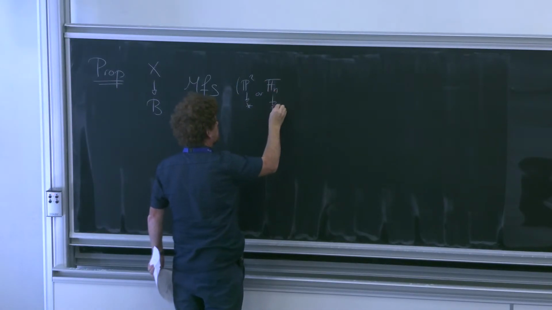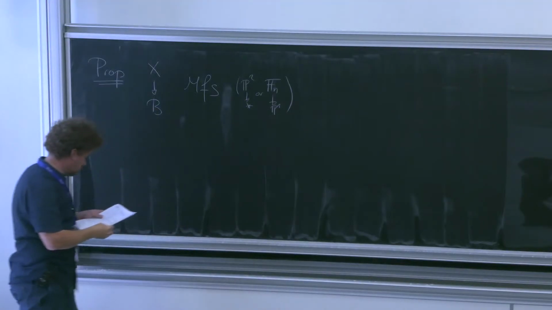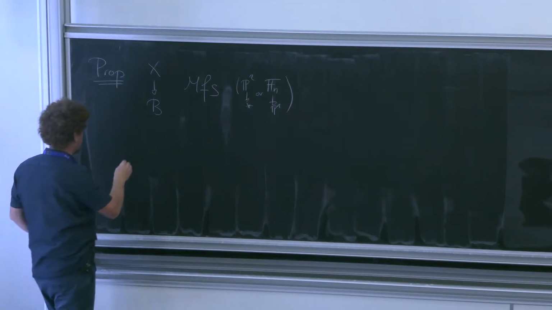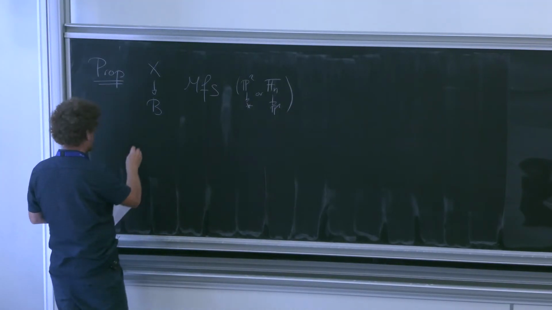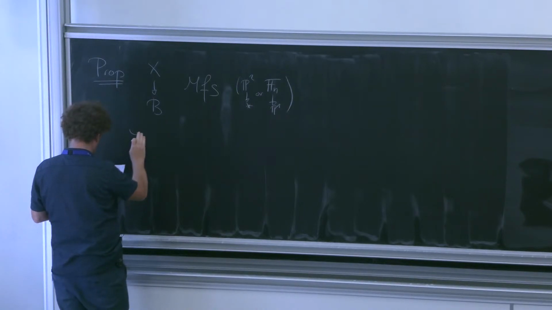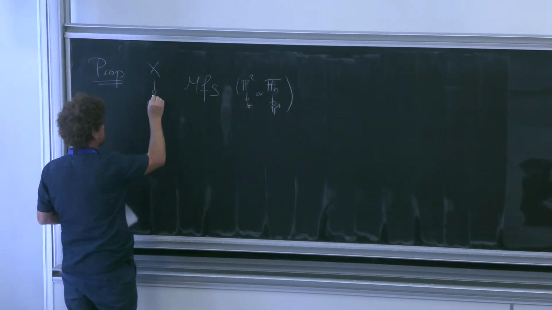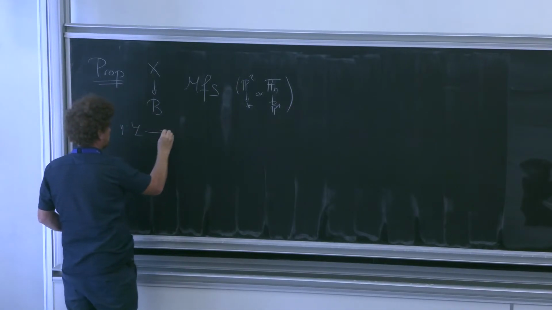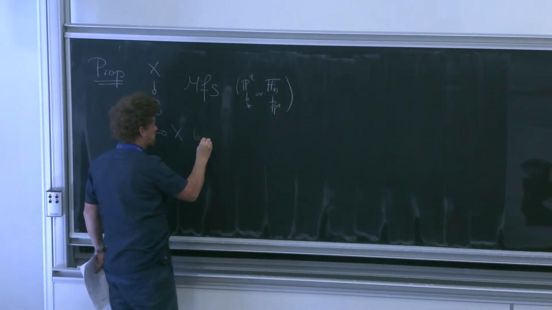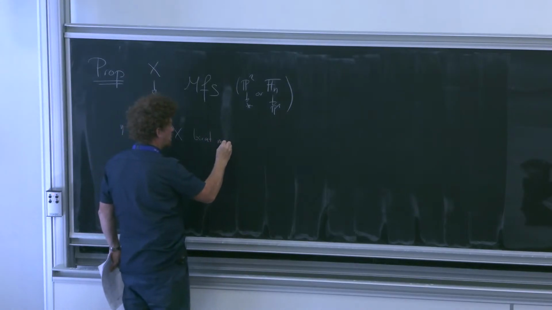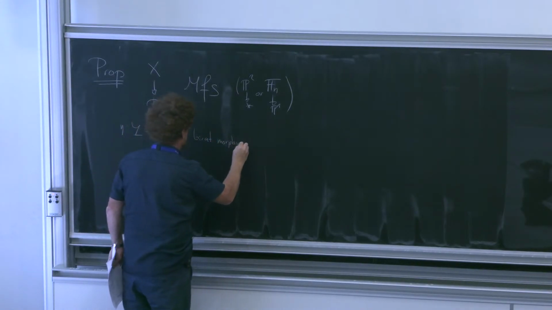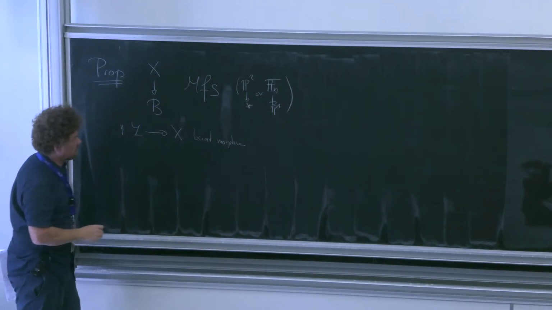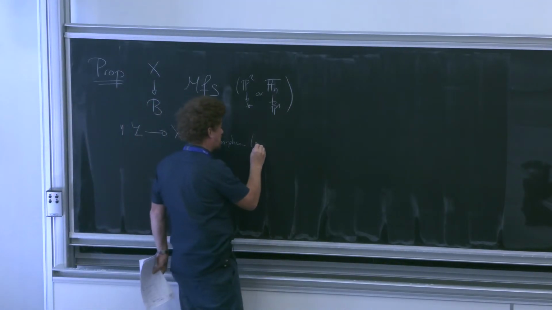And then you take a diagram like this. You start by a birational morphism, eta, Y to X, where this is a birational morphism of projective surfaces, so it's just a sequence of blow-ups.